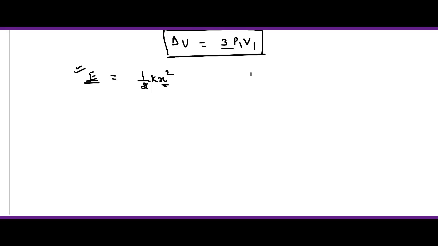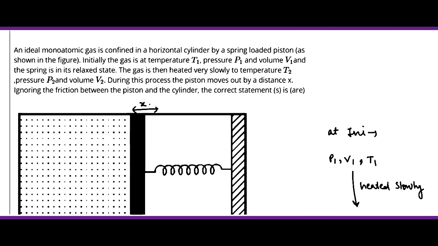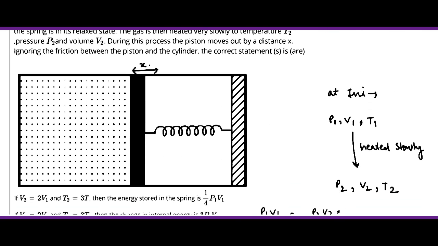When my piston moves by the distance x, the force because of the spring is kx. So the pressure because of the spring is kx by A, where A is the area of the piston. So the pressure because of the spring on the piston is given by kx upon A.